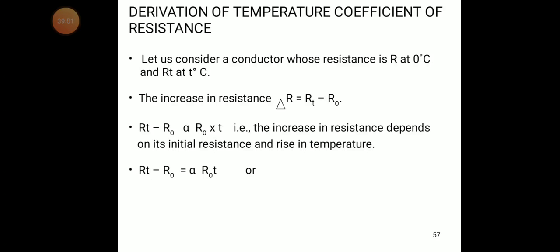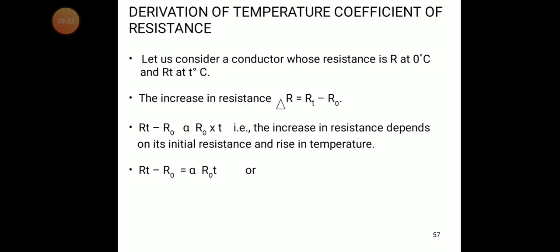The increase in resistance, or change in the resistance, is given by delta R equals RT minus R0. RT is the resistance at the temperature T. R0 is the initial resistance.